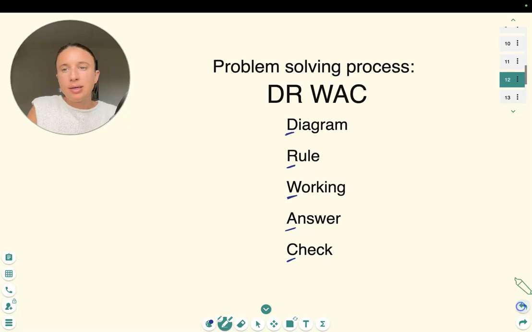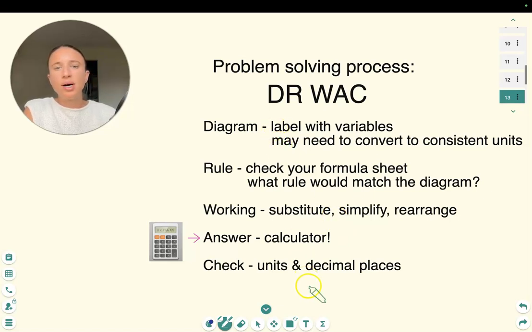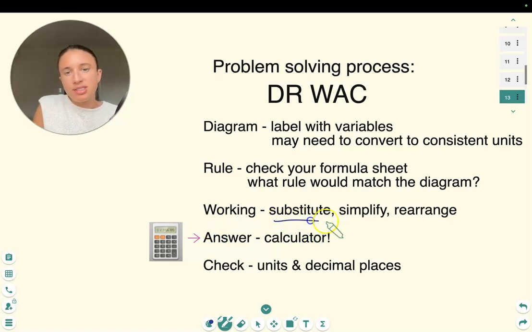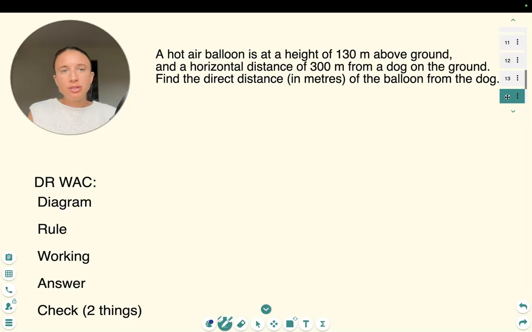You might want to pause the video and have a read of this. What is Dr. Whack? Diagram, you want to label your variables. Rule, check your formula sheet. Working, these are important: substitute, simplify, rearrange. Answer, so only then do you reach for your calculator, and then 2 things to check at the end, units and decimal places.